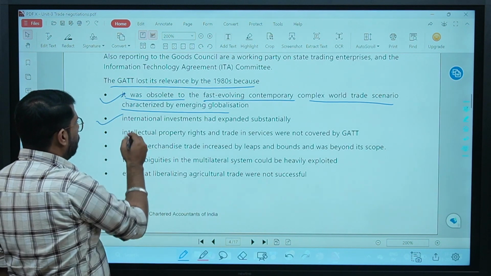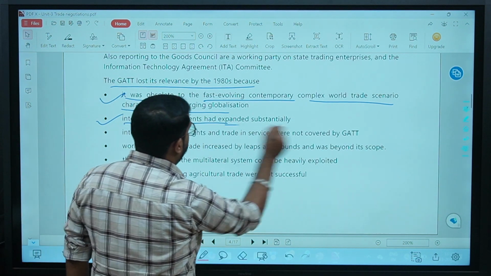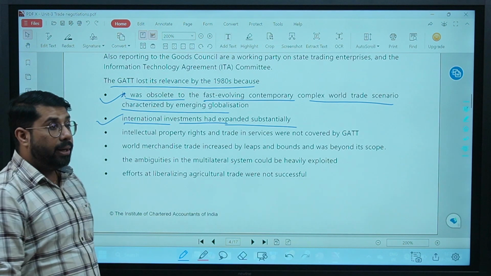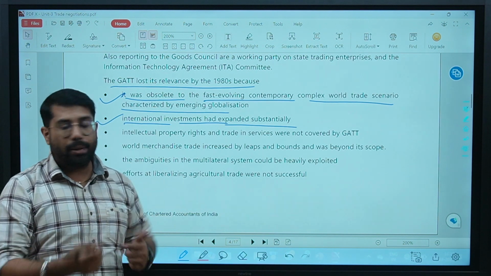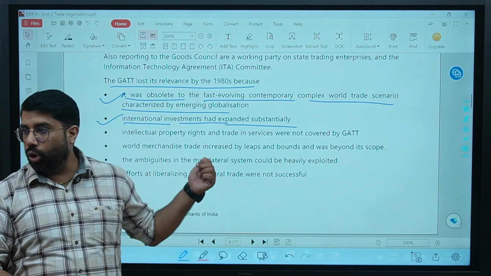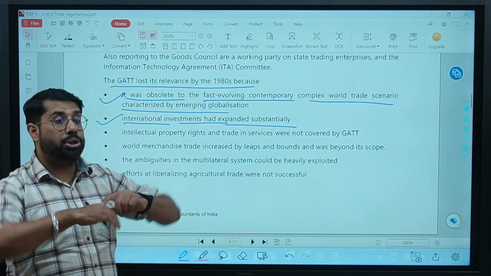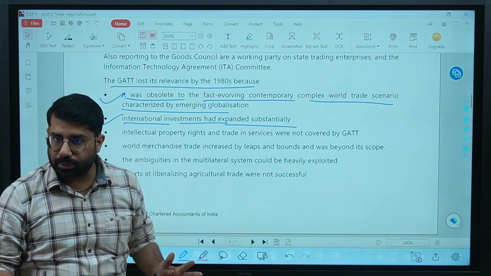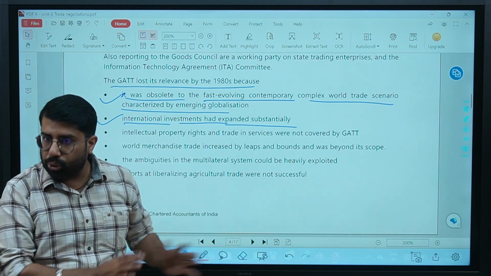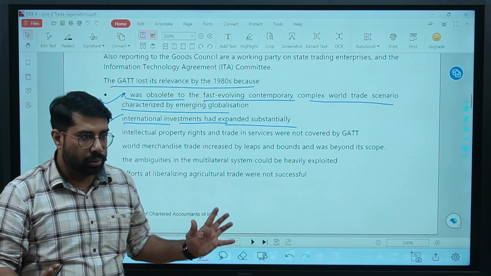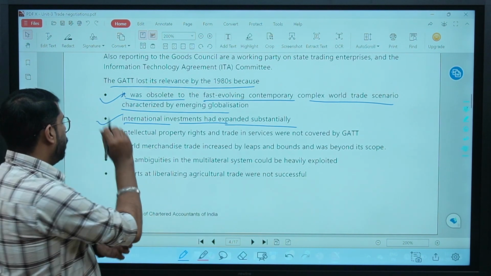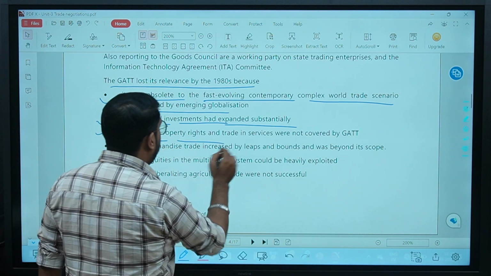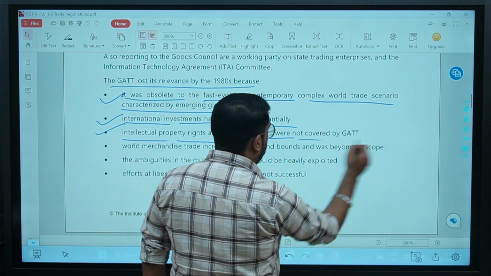Second point says international investments had expanded substantially. International investments were increasing day by day, and GATT did not have any arrangement to deal with such a large number of investments. So on that level also it was obsolete. Are you clear? Third point says intellectual property rights and trade in services were not covered by GATT.